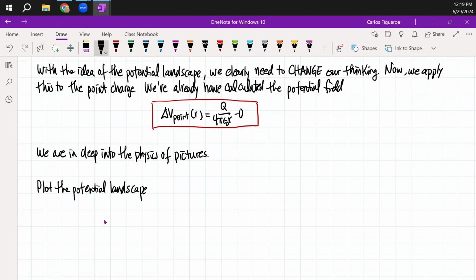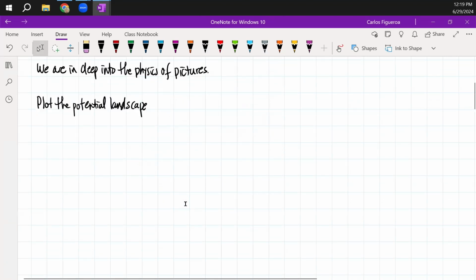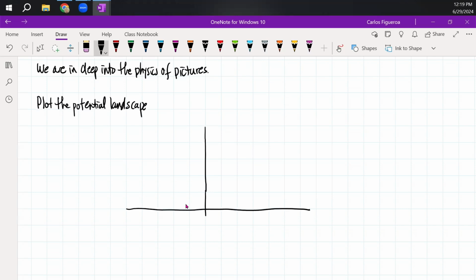So let's look at this thing. Here we go, pictures now. I need to do good spacing on this, so I'm just trying to spread things out here.